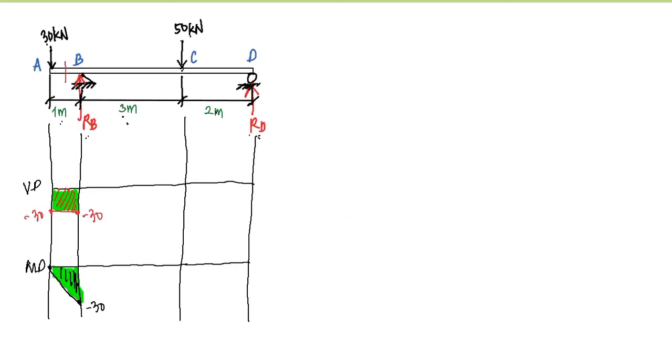For the segment BC, what we're going to do is to cut anywhere between the segment B and C. So for the segment BC, we have the limit from point B, that is 1 less than or equal to x, up to this point, which is 4 meters from the left portion of the beam, and that is 4. So this equation of this figure will represent the limit from 1 to 4.